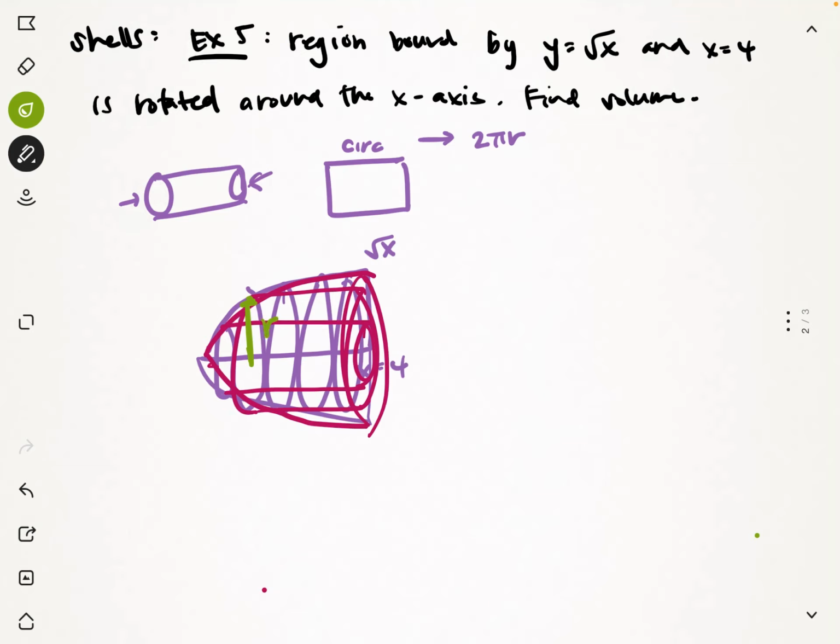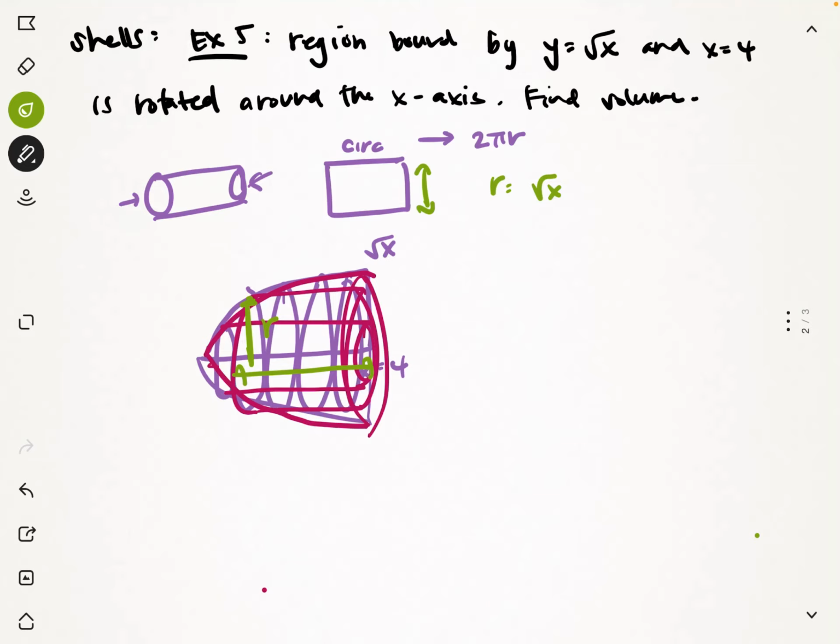But the radius in terms of x is square root x. Right, so r equals square root x. And then our height is going to be this height here.